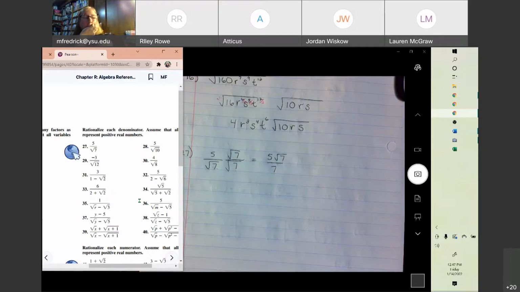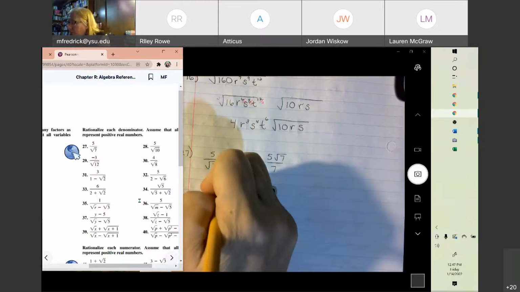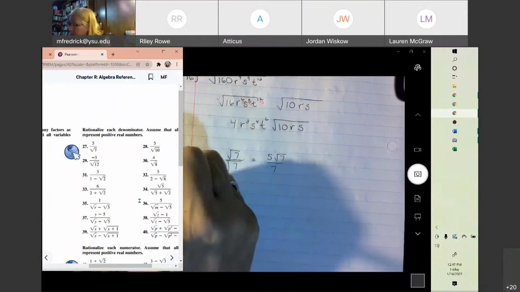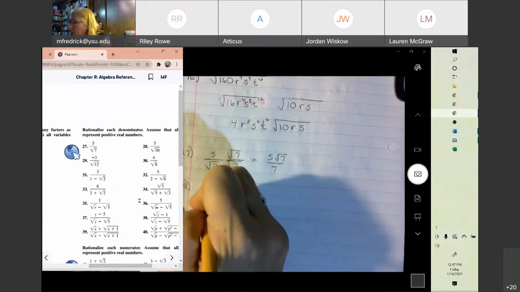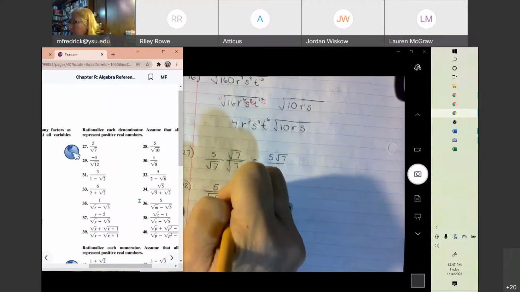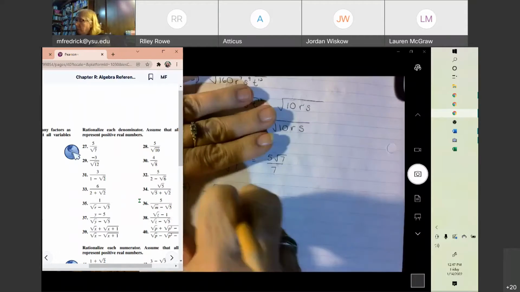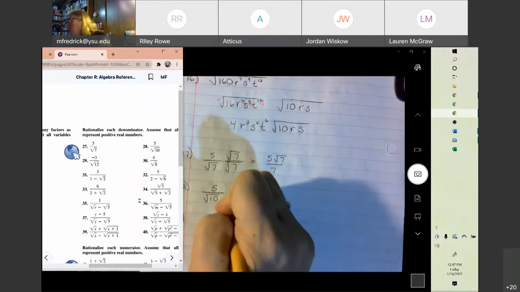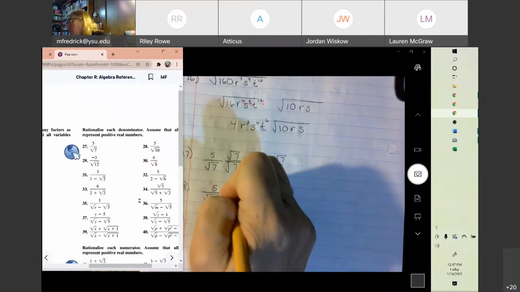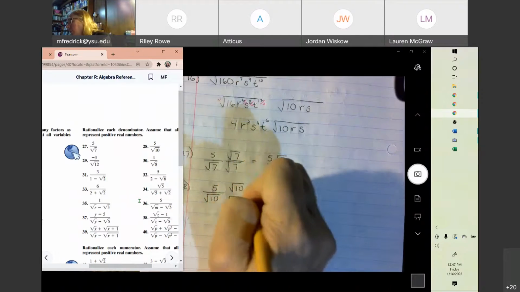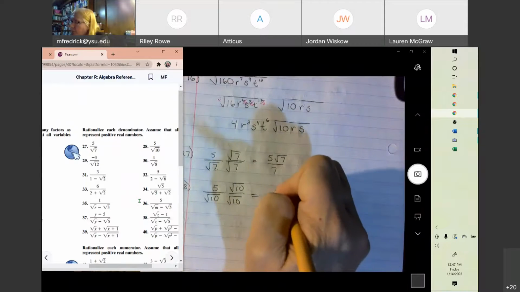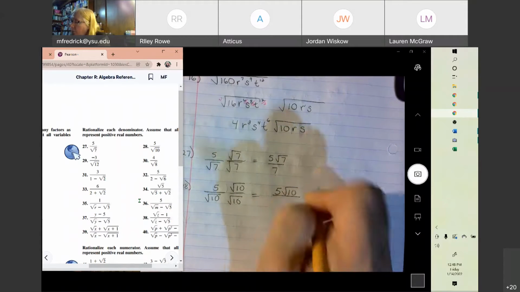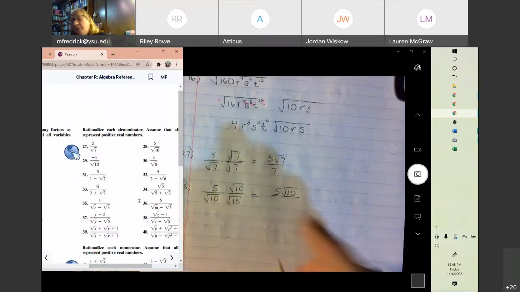Any questions on that? We'll try one more. What's the next one? 28. 5 over the square root of 10. We can multiply by the square root of 10 over the square root of 10. So we have 5 square root of 10 over square root of 10 times square root of 10, which is 10.